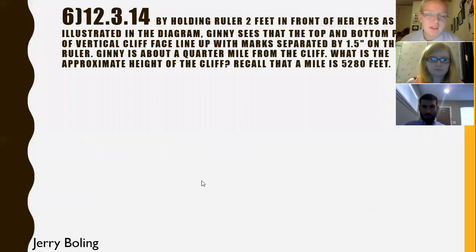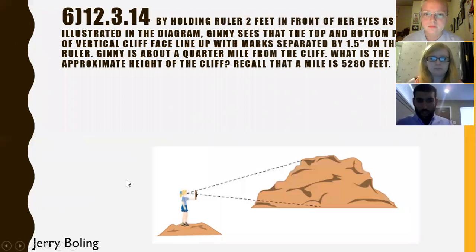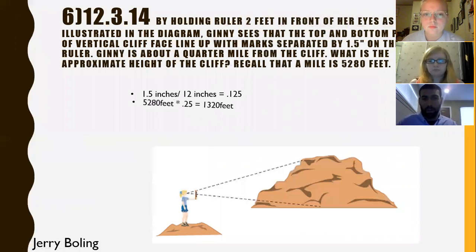Explain how to solve this problem. All right, Amanda, as in the previous problem, the young lady is holding up the ruler with a 1.5 inch view of the cliff from top to bottom. And she is 1/4 mile away from the cliff. And 1/4 mile, as we know, is 1,320 feet. So you take the inches that she's using, which is 1.5 inches, divide it by 12 inches, and you get 0.125 feet.